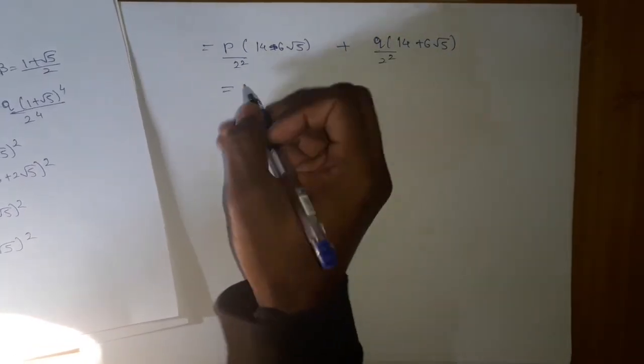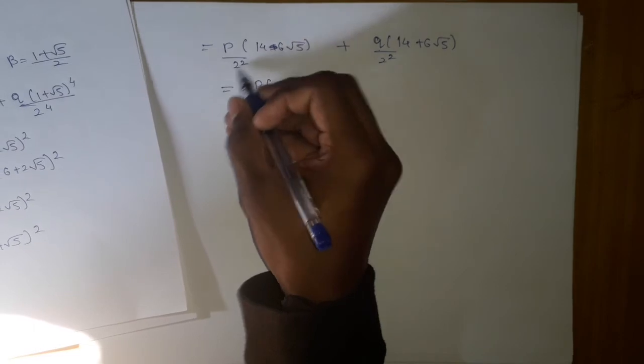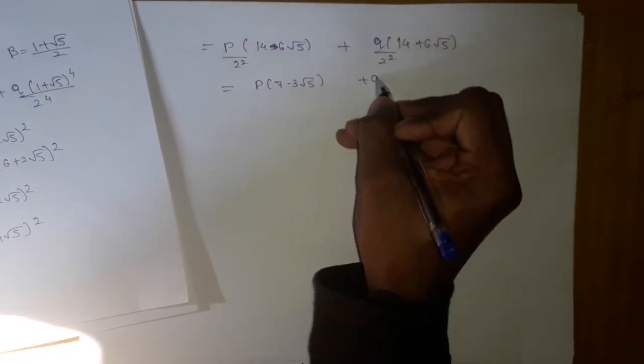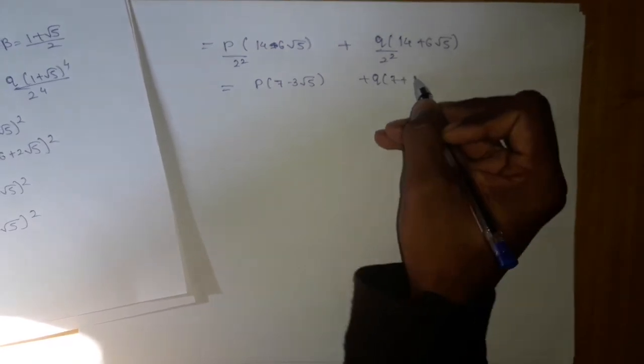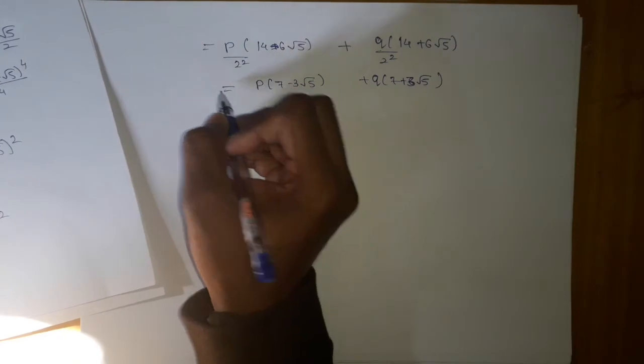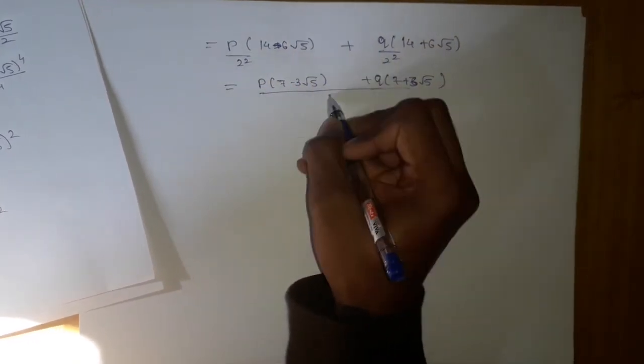If I bring 2 out, we have p, this 2 will cancel out, (7 minus 3 root 5) plus q into (7 plus 3 root 5), and here only 2 will be left.